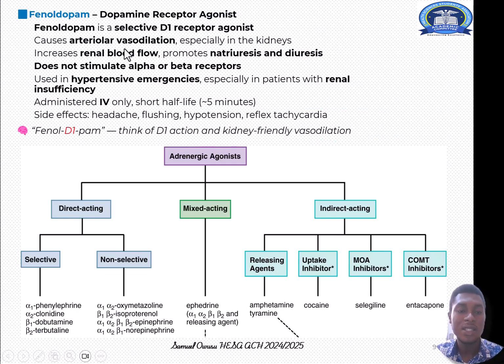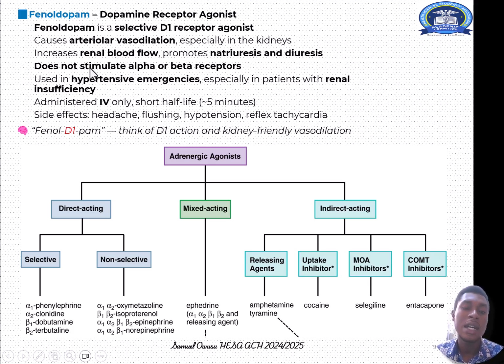Now another agent that you also want to take note of is fenoldopam. Fenoldopam is a dopamine receptor agonist and is selective for D1 receptors. And remember I said that it causes arterial vasodilation, especially in the kidneys, and then there is increased renal blood flow, which would promote natriuresis and diuresis.